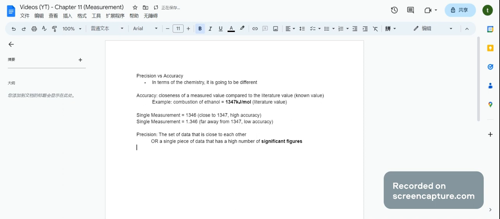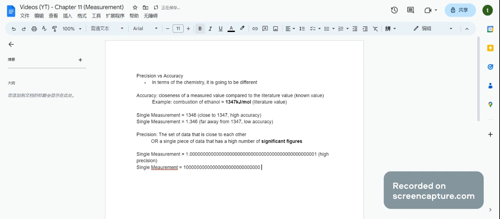Let's say a single measurement is going to be this. This has a high number of figures, I mean significant figures, so it would represent high precision. However, if we have a single measurement of this, it would have a low precision because most of the digits remain unknown.